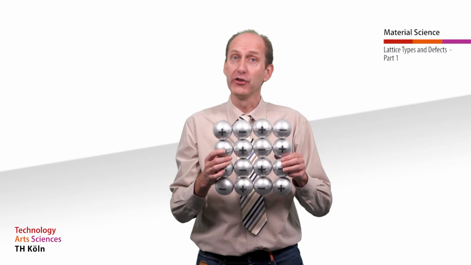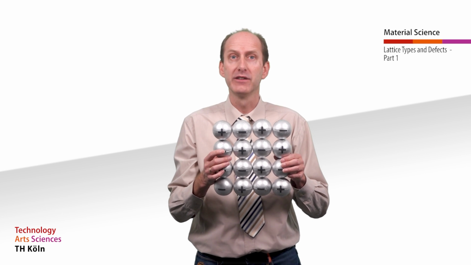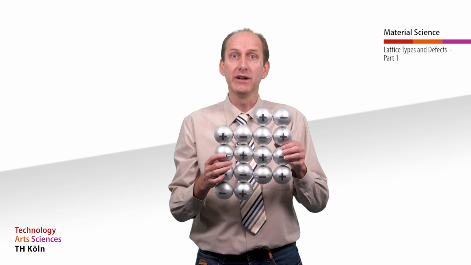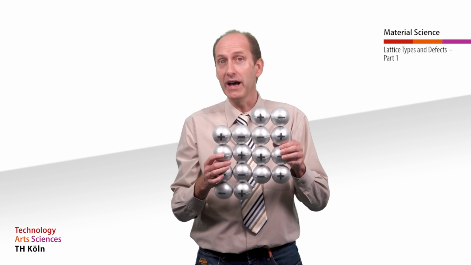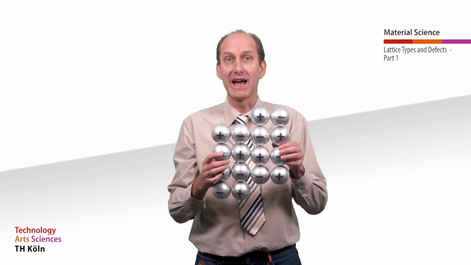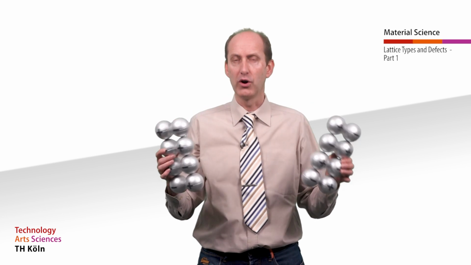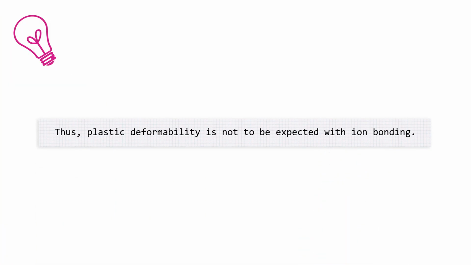If an external force acts on the ion lattice, the shift of a part of the ions by one interatomic distance would result in a juxtaposition of only cations or only anions. Due to the like charge, the resulting repulsive force would destroy the crystal. Thus, plastic deformability is not to be expected with ion bonding.